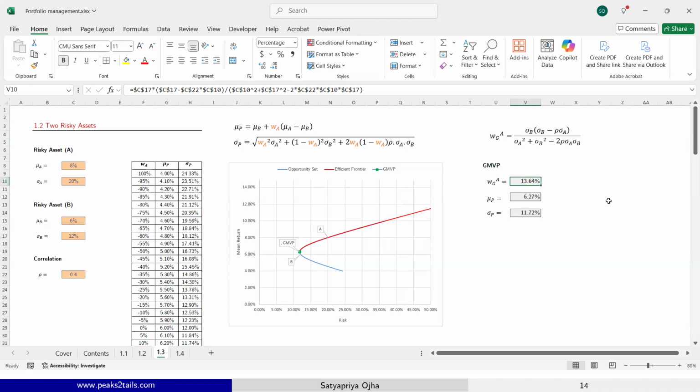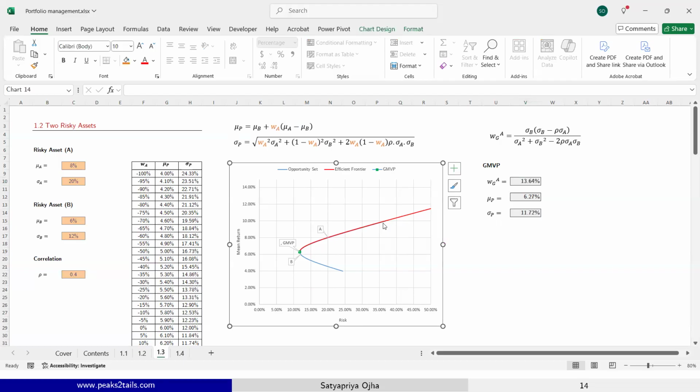Okay. Now let's look at the plot. Exactly, we're getting this hyperbolic plot. This is the point which is GMVP. You can see 11.72% is the sigma, 6.27% is the mu. This is the minimum possible sigma that you can have, right?